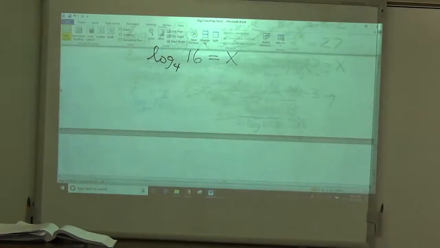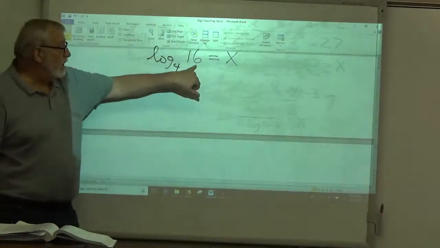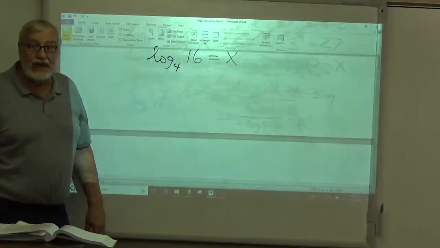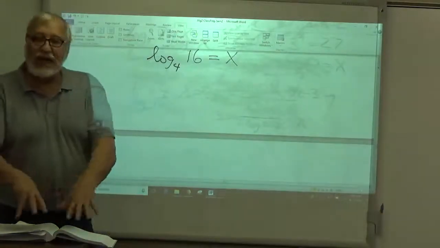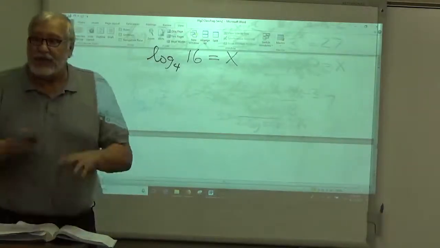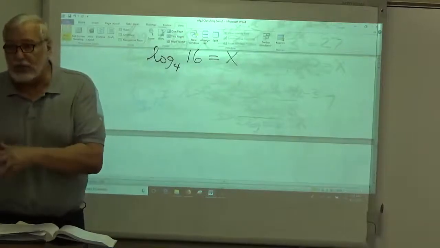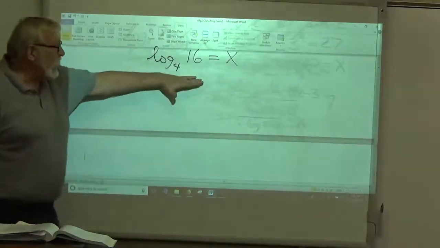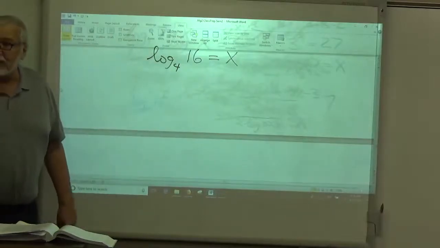Now notice, it isn't in the book yet. We're going to do what? Log of 16 divided by log of 4. Because the book hasn't introduced it, this is still legitimate, but that conversion rule means I can go right to the answer if I understand what the conversion is.